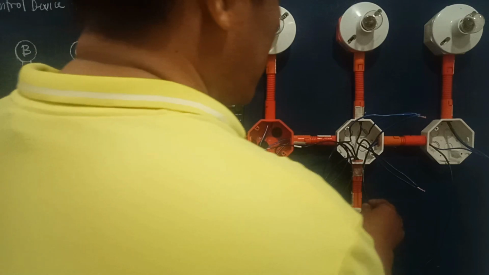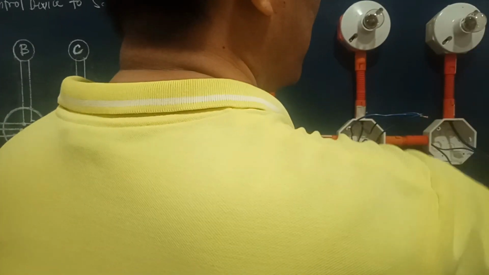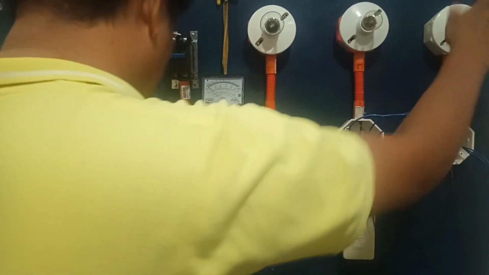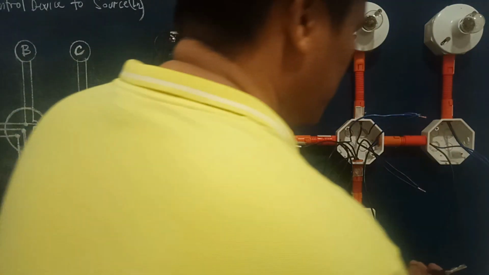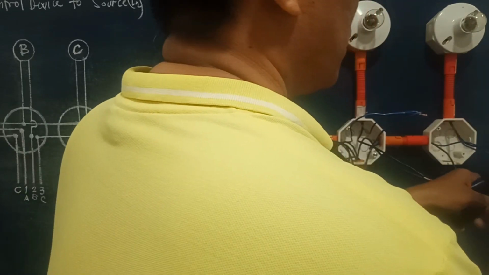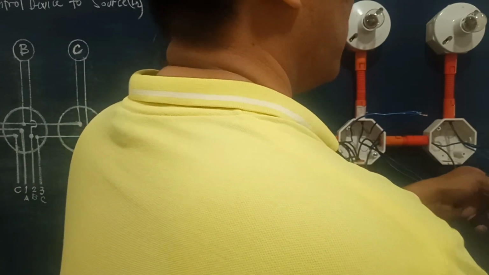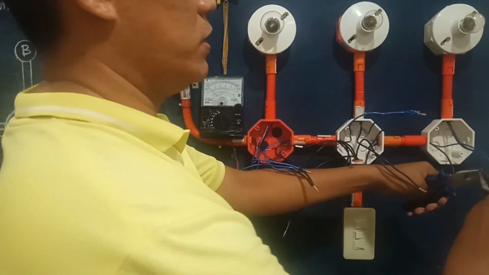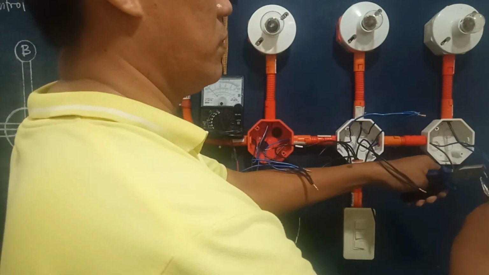The next is coming from this bulb right here. So these 2 wires are for the second cycle of the third bulb. So remove the insulator of the wires coming from the bulb, right here. Okay. Then do this.